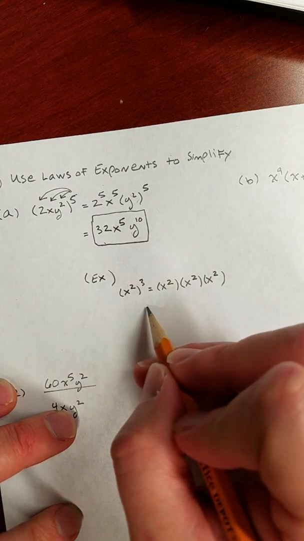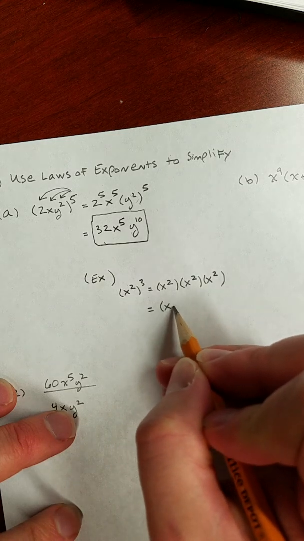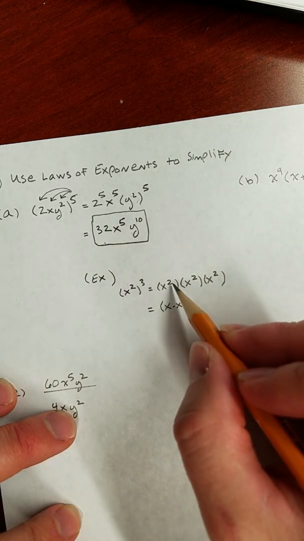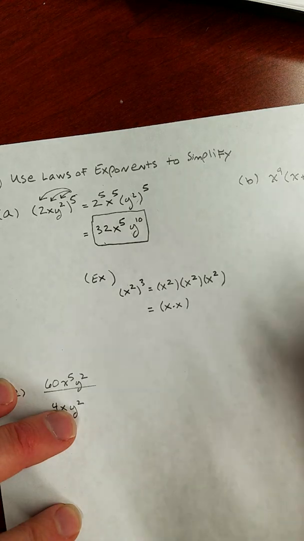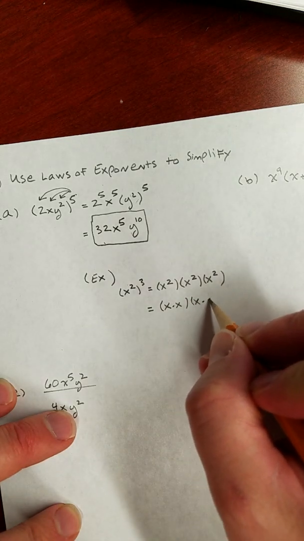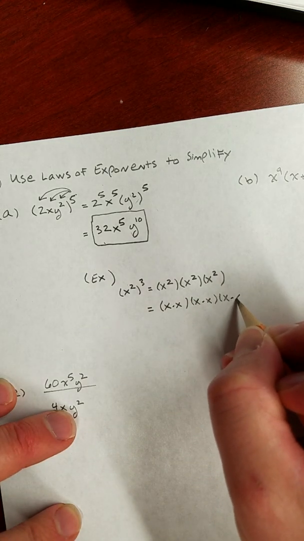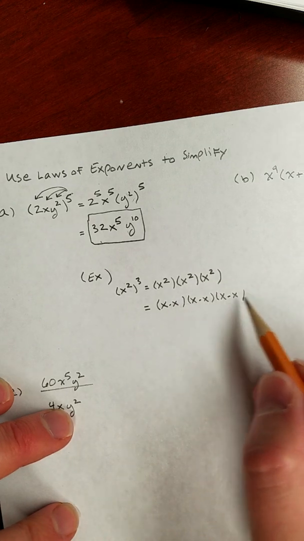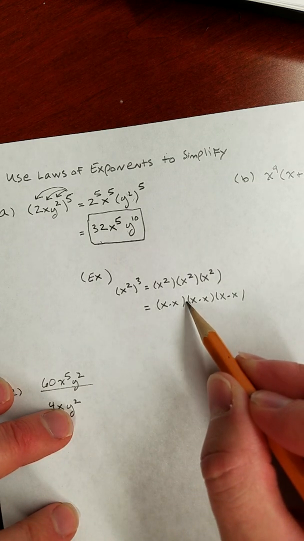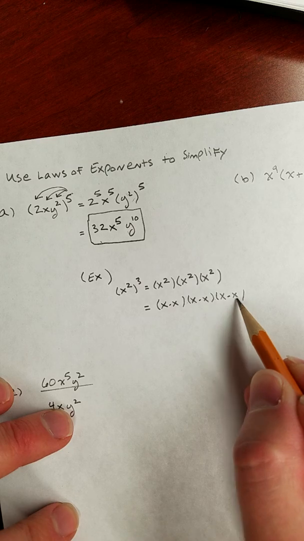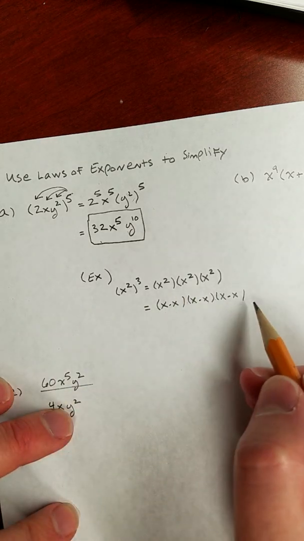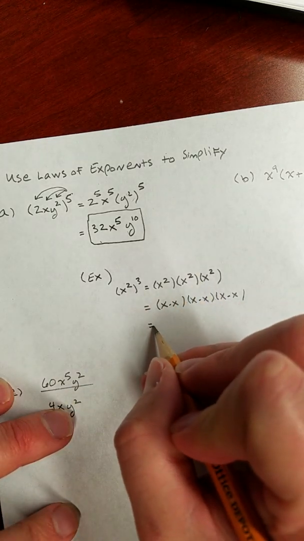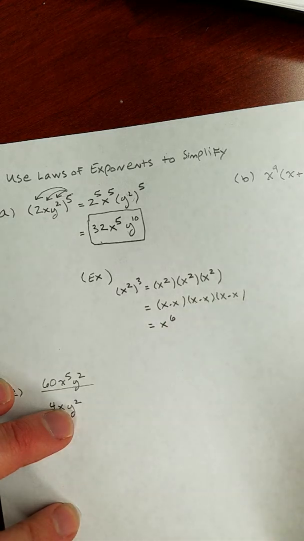But what is x squared? Well, x squared is x times x. Multiply x by itself, 2 x's. All right? And then, well, how many x's? What is this? X times x times x times x times x times x. Well, there are 6 of them, all multiplied together. That's otherwise known as x to the 6th power.